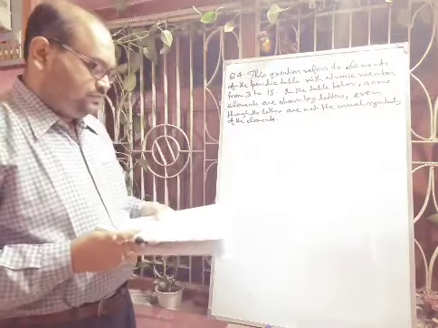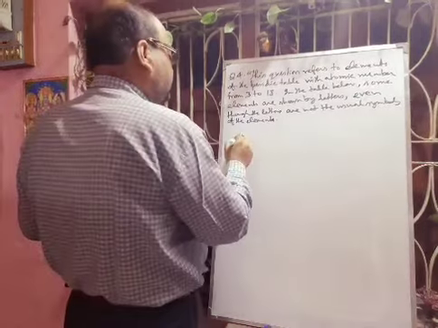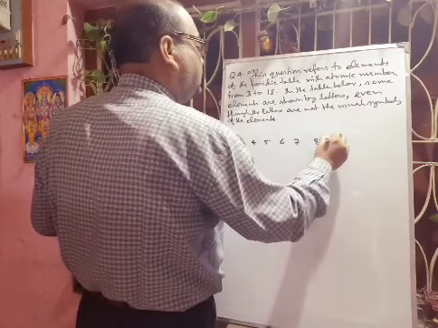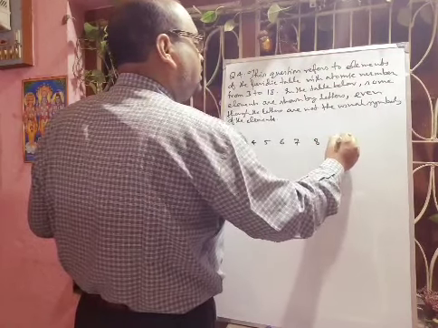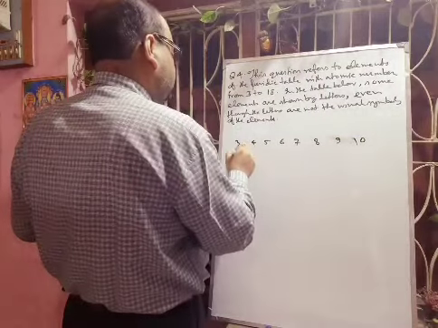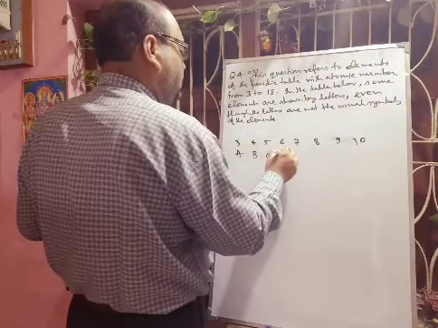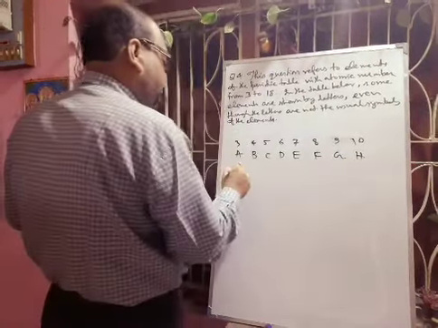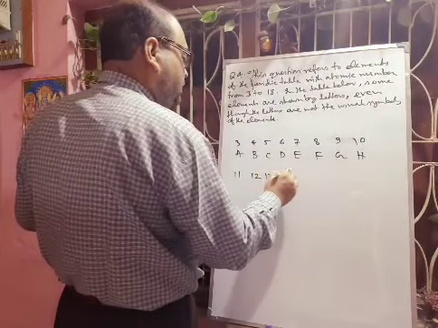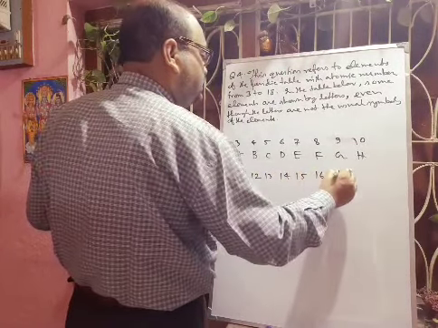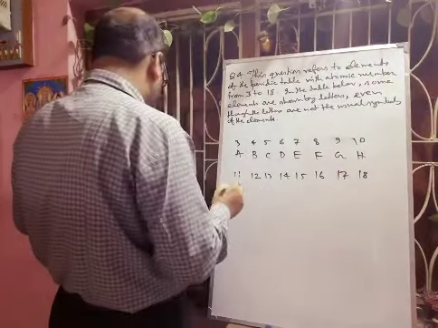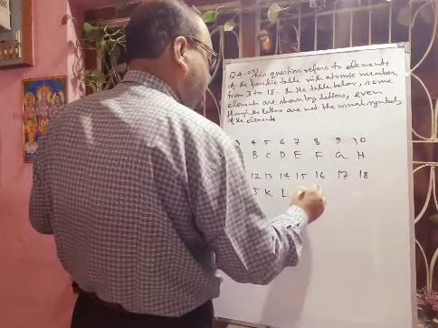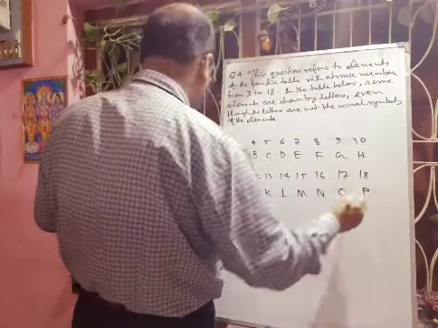Now these are given, the atomic number given that 3, 4, 5, 6, 7, 8, 9, 10. Here it is written A, B, C, D, E, F, G, H. Then 11, 12, 13, 14, 15, 16, 17, 18. So this is I, J, K, L, M, N, O, P.